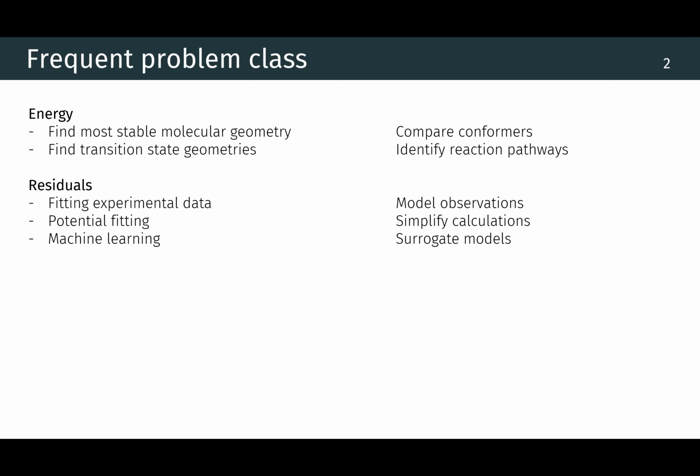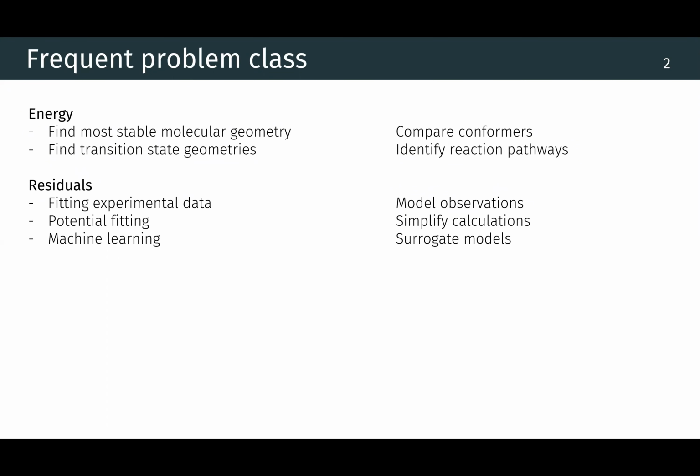Imagine you do some experiment, you find some observables, and now you want to build a model based on that, which means that you have model parameters that you need to optimize such that your experimental measurements are explained the best way possible. So in that case, you would be minimizing the residuals to fit the model to the experimental data.